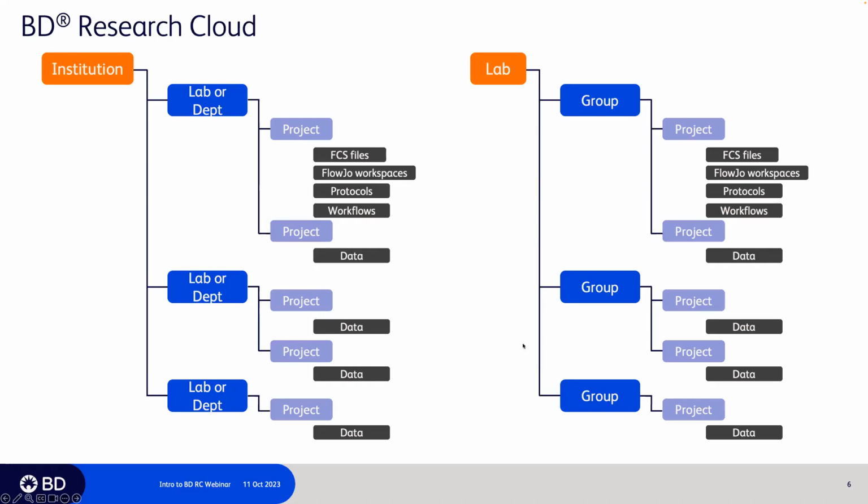Alternatively, if you just want to keep it smaller and just have your lab as the organization, then you can have groups within that lab and you can separate people based on those groups. I would recommend having at least one group where everyone is in it, so you can have common files and folders that are accessible to anyone. And then you can choose to make additional groups.